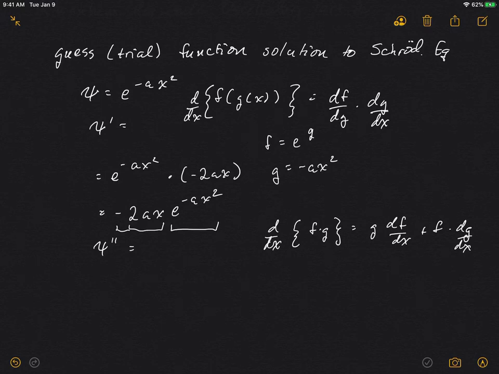Okay, so then applying that, first let's take the derivative of the first part there, so we get a minus 2a times the second part, not the derivative of it, right? We took the derivative of the first part, and so we get e to the minus a x squared.